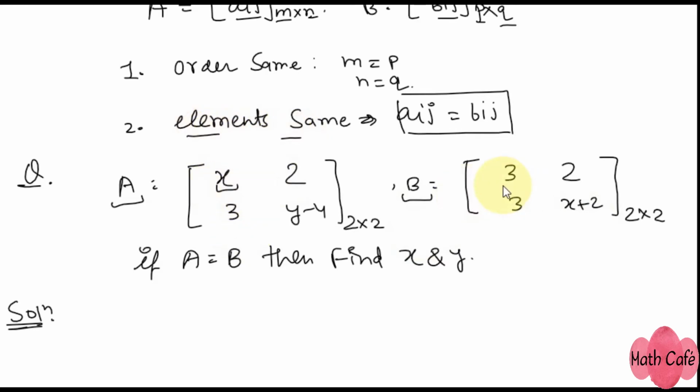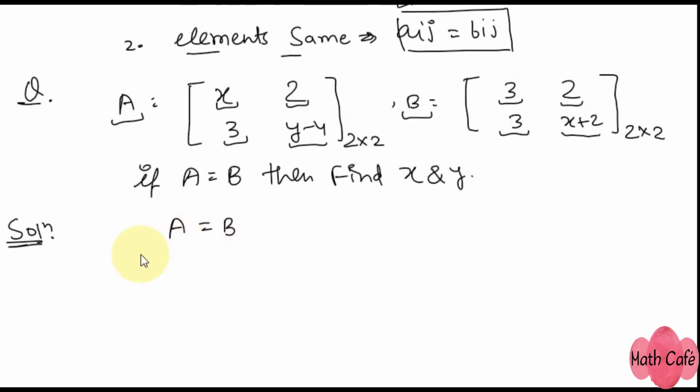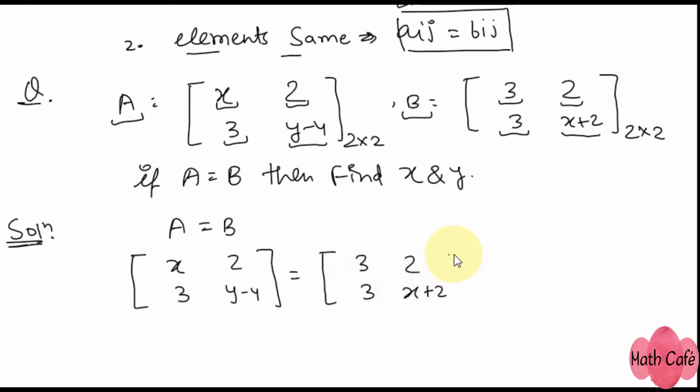Then another point is their corresponding elements should be same. So A11 equal to B11, A12 equal to B12, A21 equal to B21 and A22 equal to B22. Alright. So if I am saying that A equal to B, that means matrix x, 2, 3, y minus 4, that is A, is said to be equal with matrix 3, 3, 2 and x plus 2, that is matrix B. Then their corresponding elements should be same.